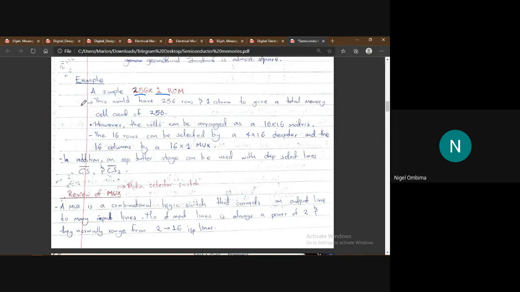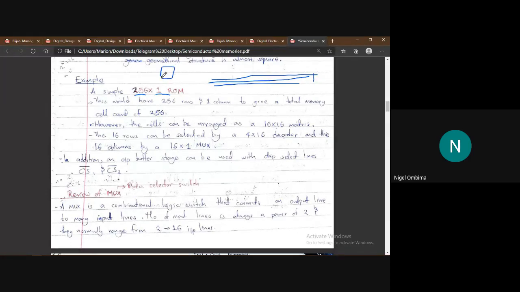But this 256 by 1 would have 256 rows and just 1 column. So the rows would be many and the column just one, so it would come out long. You get the idea.